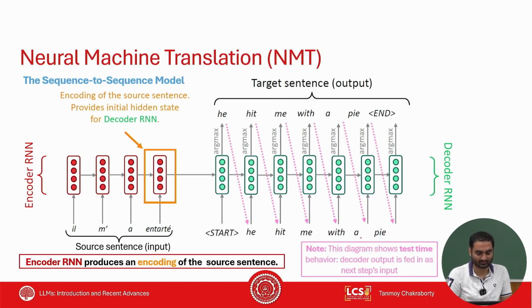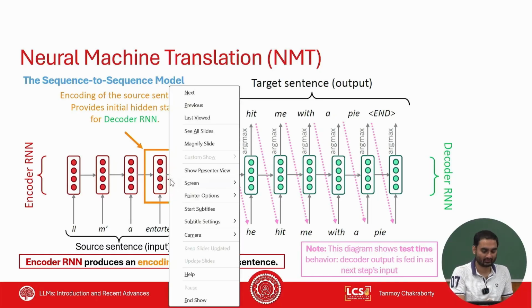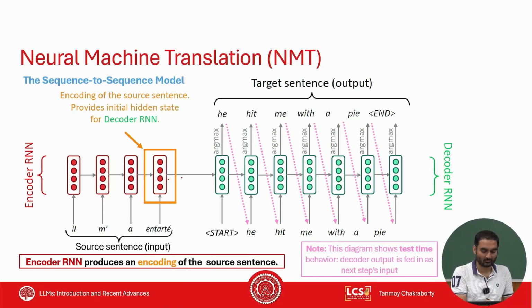The translated version of this French sentence is "he hit me with a pie". The last state of the previous RNN will be fed to the first state of the output RNN, and the remaining process will follow.